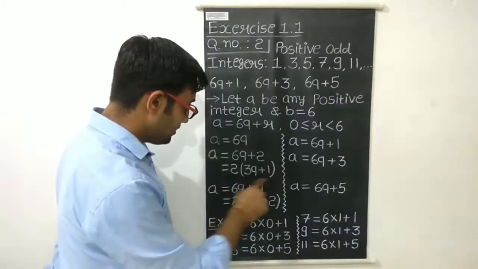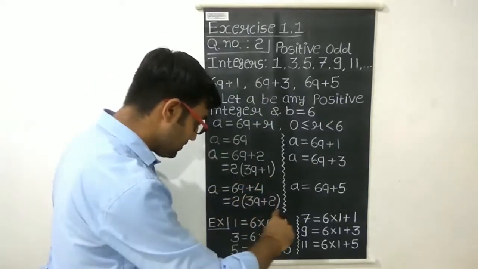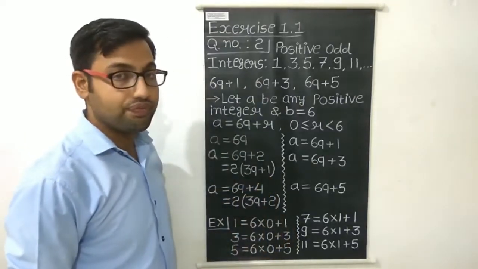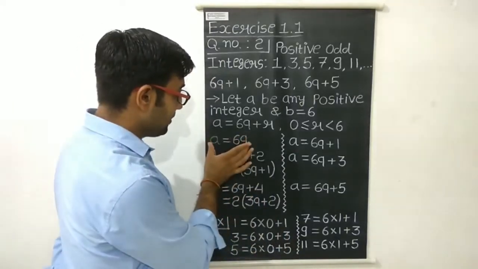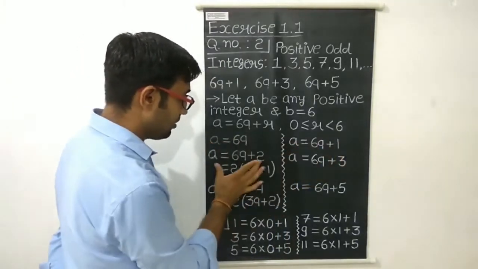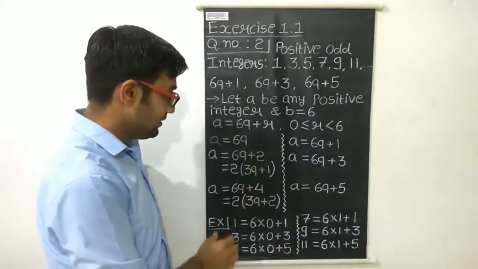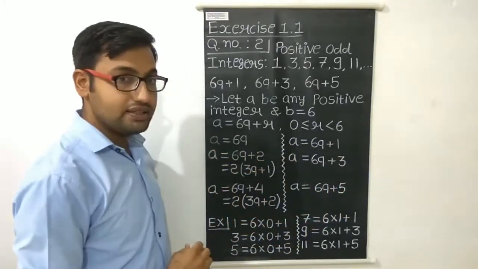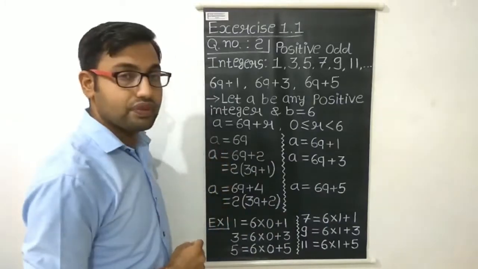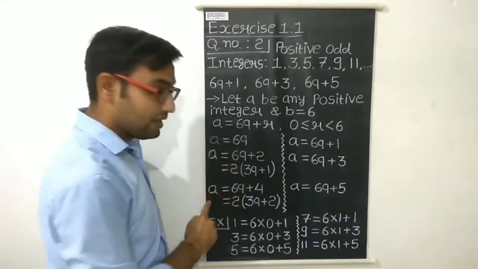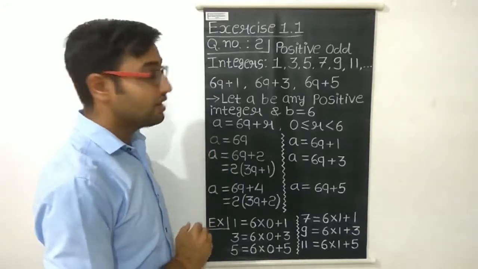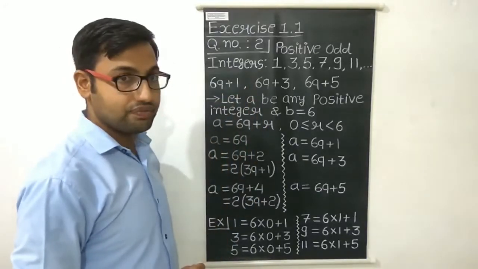In the same way, this number is also divisible by 2 and this number is also divisible by 2. So out of 6 possibilities, first, second, third, fourth, fifth and sixth, these 3 possibilities are divisible by 2. So these 3 possibilities cannot represent the odd integers.